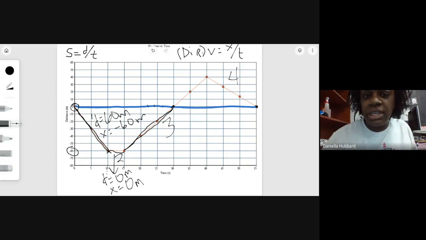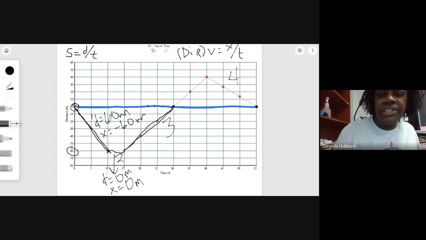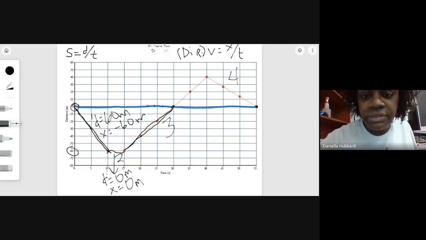Remember, your house is zero. So we go from negative 60 meters, negative 40, negative 20. Now, boom, we're right at our house. We continue walking in the right direction, in our positive direction.